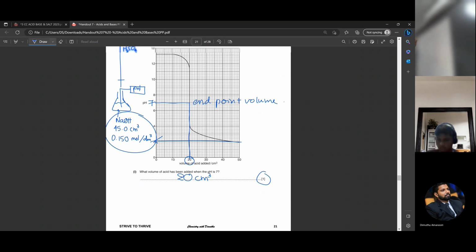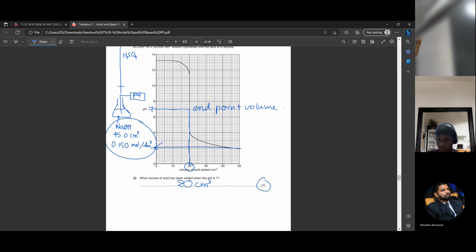So now the new graph, if ethanoic is used, the graph would come like this. They ask this in the exam: double the volume and the pH is going to end around 3 because ethanoic pH is what? 3. Right? So this is when ethanoic is used. Try to understand, very important.